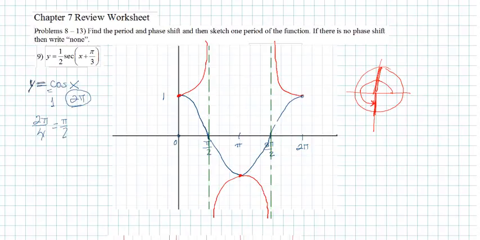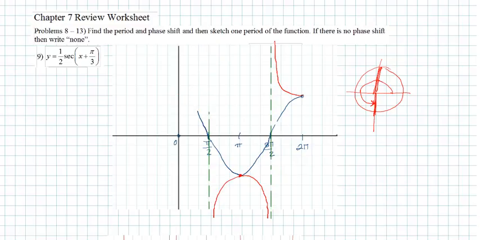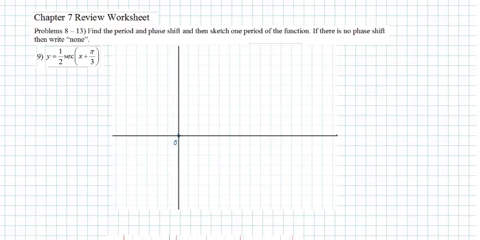So let's try to do the problem now and see if we can come up with the same thing. And then we can actually go to the graphing calculator and check our work. Okay, so the amplitude in this case is 1/2.